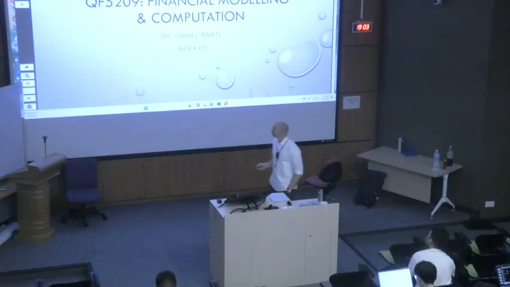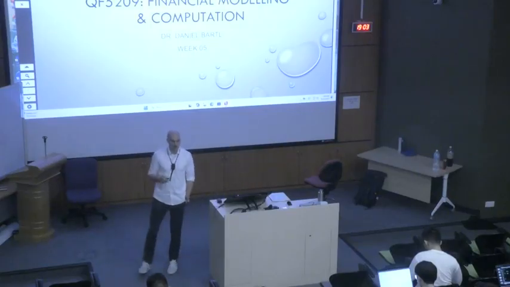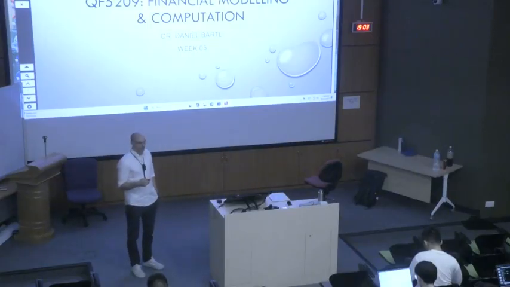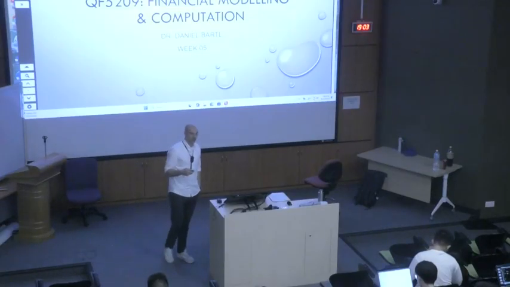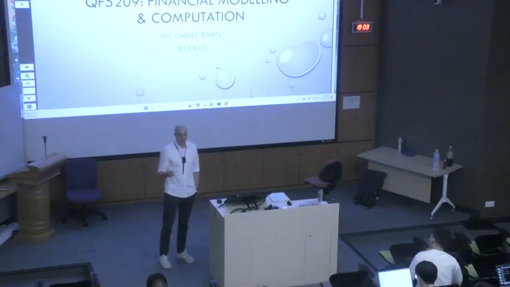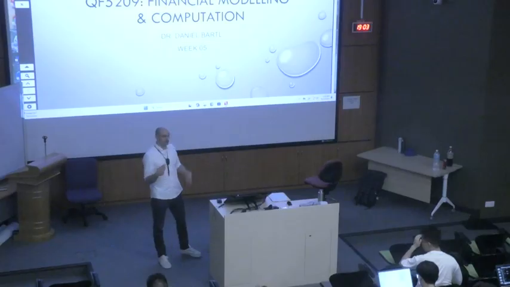So, week 5. As I mentioned before, we have done many things so far in this course. We started from the very, very basics, like what is replication, how replication leads to prices, why the prices are fair, no arbitrage. We've considered the binomial model.